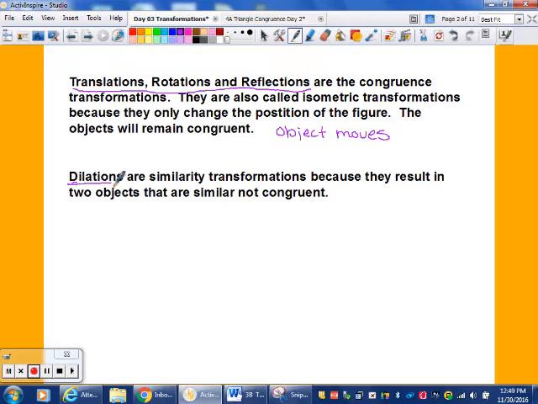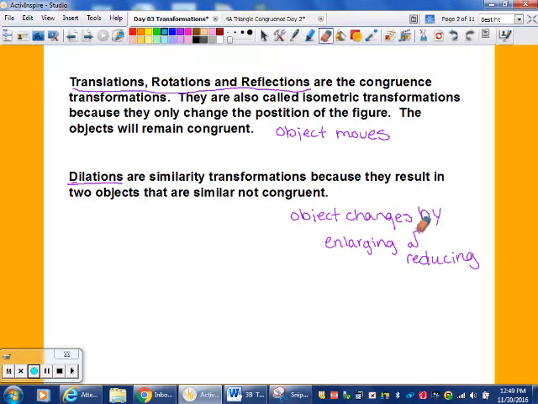But when it comes to dilations, the object changes by enlarging or reducing. Okay? Do y'all understand what that is trying to tell you right there? Okay.